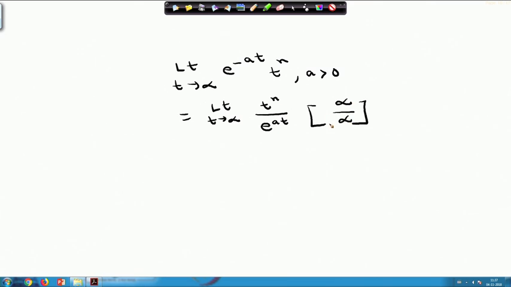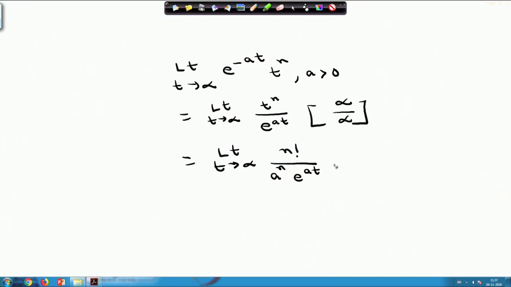So, you are bringing it in the form of infinity by infinity. Once it is in the form of infinity by infinity, to evaluate this limit, you can use L'Hospital rule n times. If I use the L'Hospital rule n times, I obtain that this equals the limit as t approaches infinity of factorial n by a power n into e power a t.